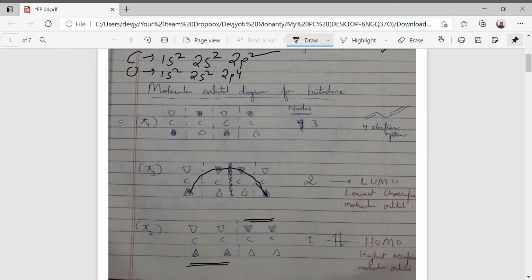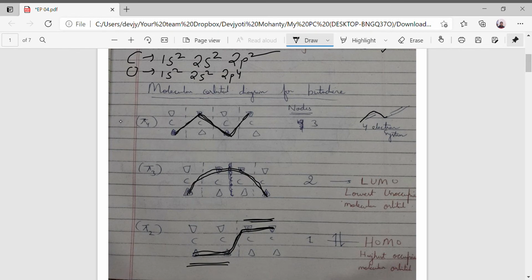When the node is 2 it is moving like this. Are you seeing the shape like this? When the node is 1 it is going like this. And when the node is 3 it is making an irregular shape, just like this.